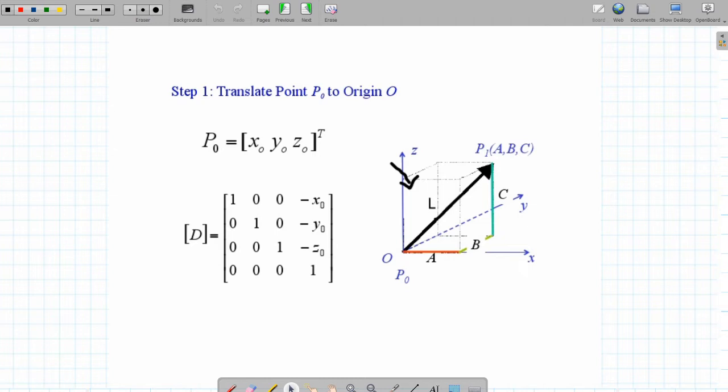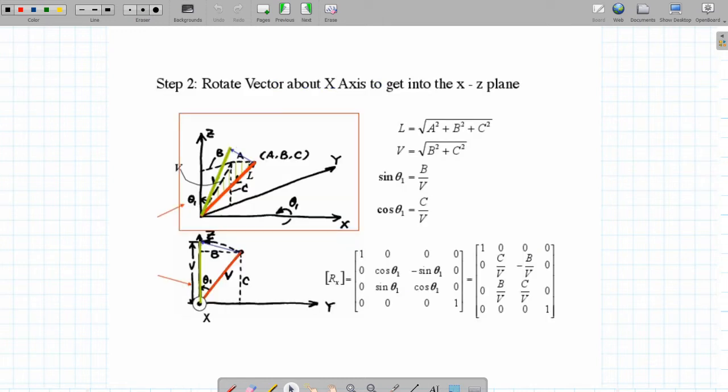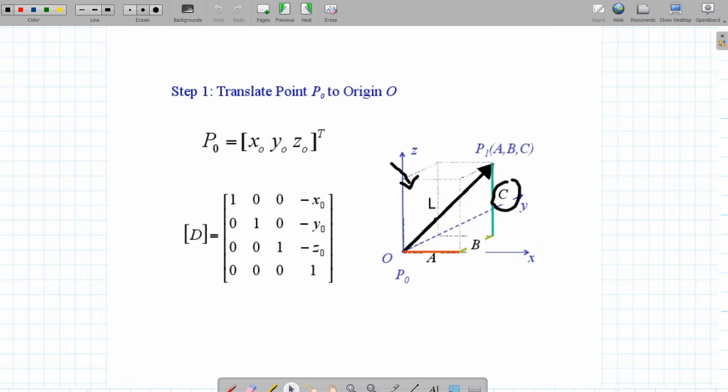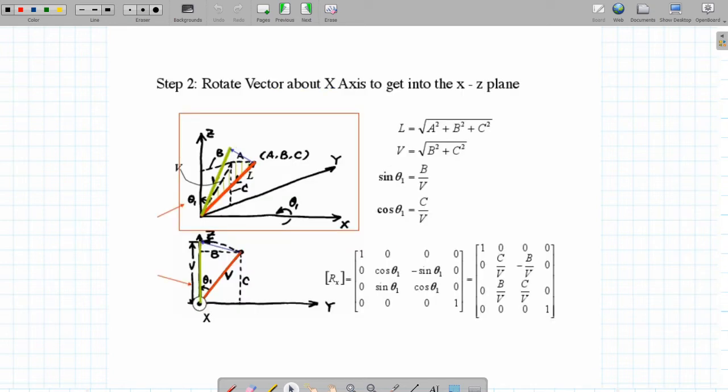Yes, this is c. So from this simple thing, you can find this angle.